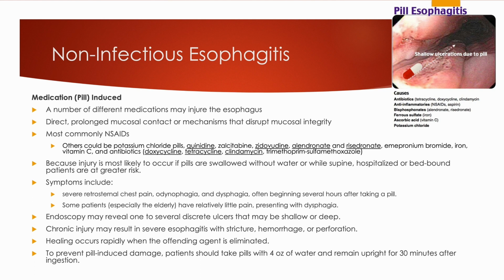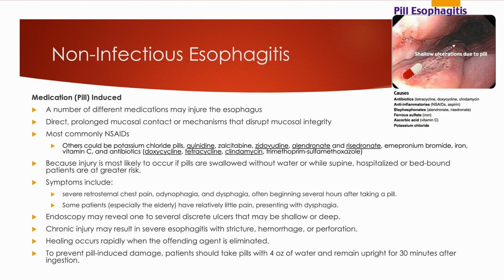And usually this happens because patients take their pills without water, or they lie down when they take it, or also patients that are hospitalized or bedbound are at higher risk for this. And patients typically present with severe retrosternal chest pain, kind of where that pill's sitting on their esophagus, and it usually happens shortly after taking the pill.